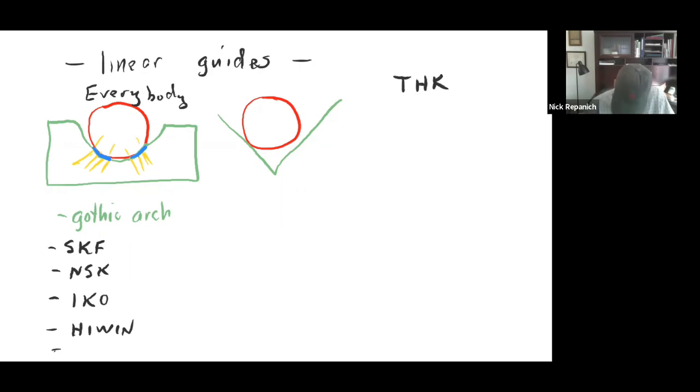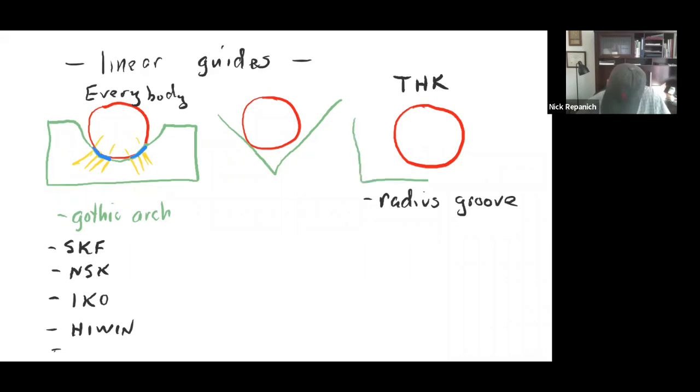We're going to manufacture something that looks like this. Here's the ball, and we're going to go with something called radius groove. If this is your outside part, it's all about making the velocity rolling, not sliding anywhere. They were able to put in a groove here in the bottom like this.